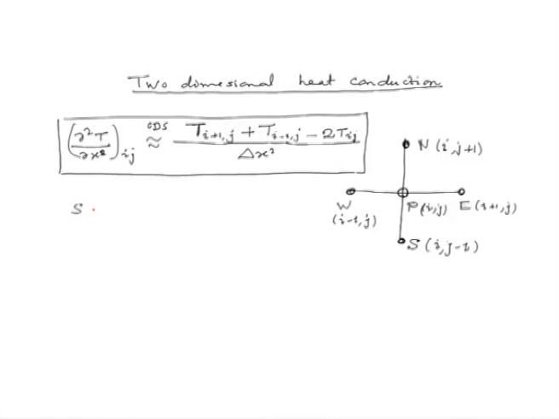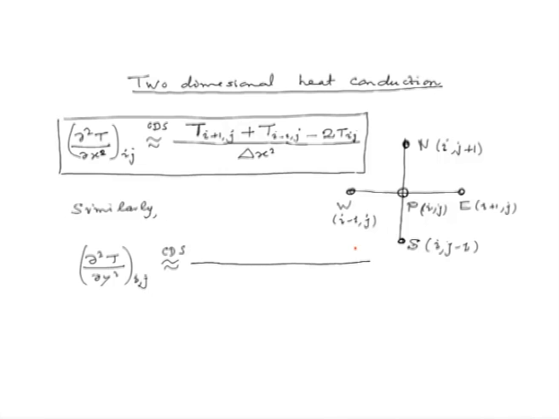Similarly, the second derivative, del 2T by del y square at the grid point i comma j, would again use a central difference approximation. So, now the values at grid points P, N and S will be involved because now we have to differentiate with respect to y.